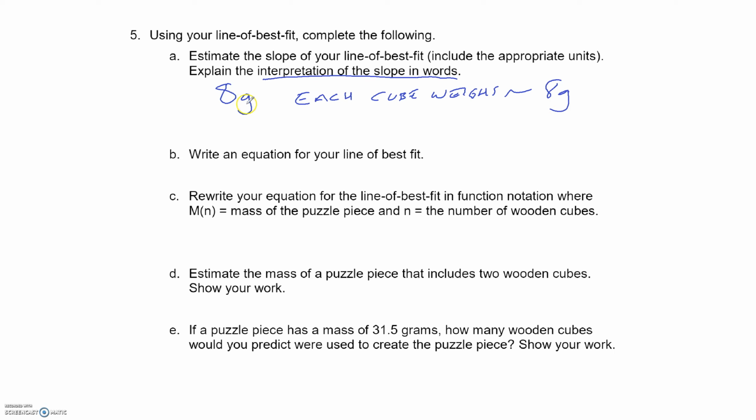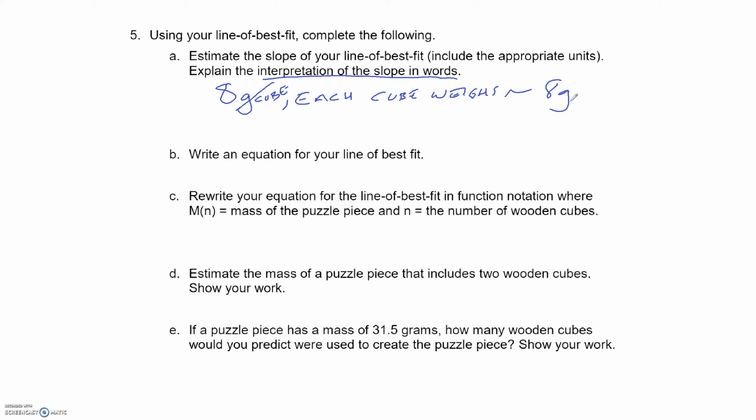And actually the slope, it's rise to the run. It's some kind of a ratio, right? So this is actually 8 grams per cube. Eight grams per cube would be the slope, and that each cube weighs about 8 grams.